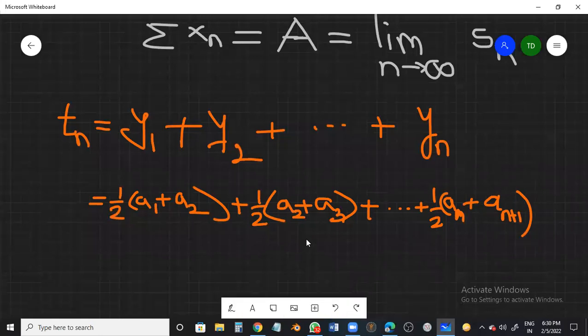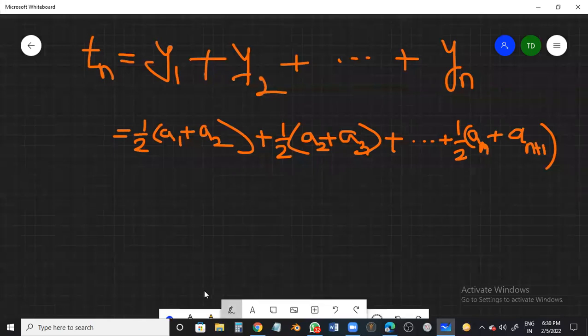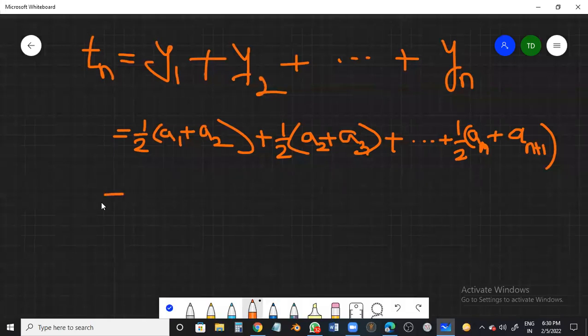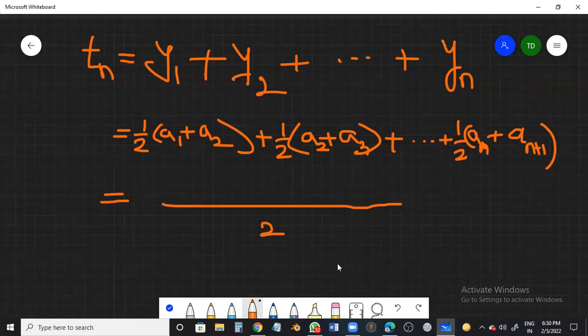Now what is this sum overall? Half will come common, so I have written half common.